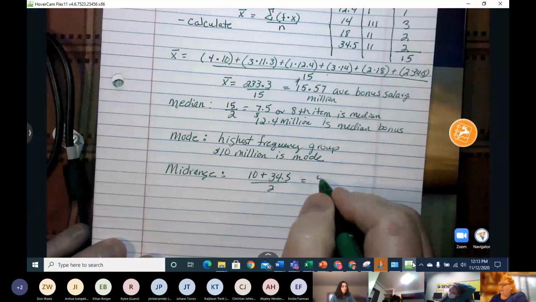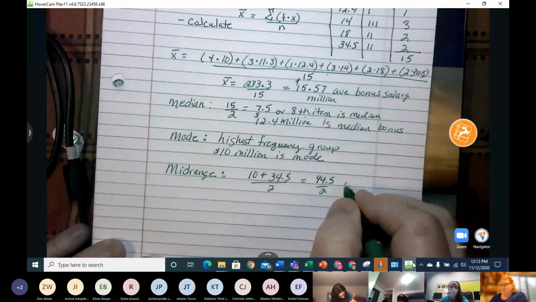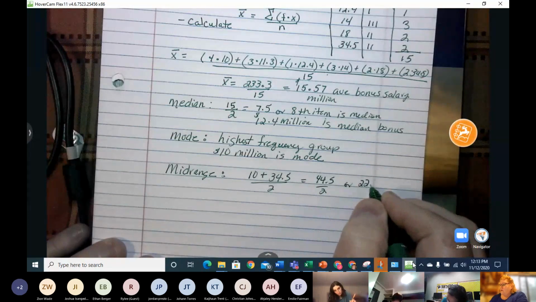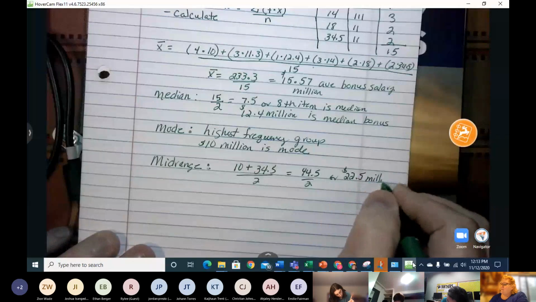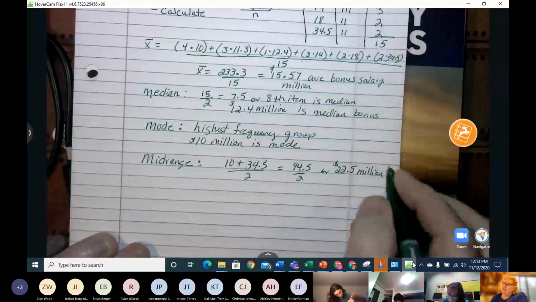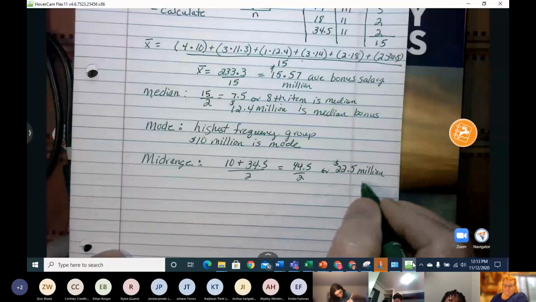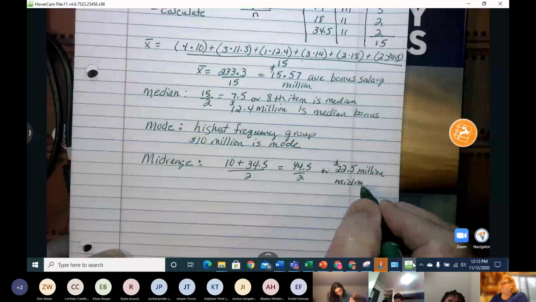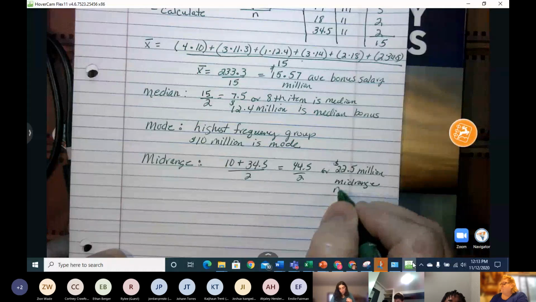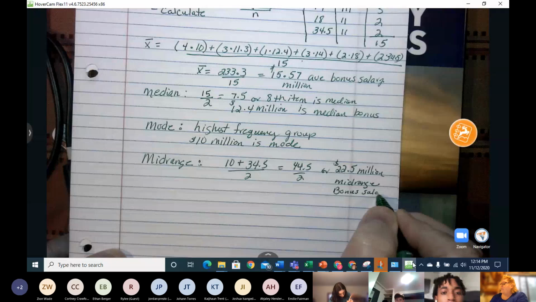And so we get 44.5 divided by 2, or 22.5 million is the mid-range bonus salary.